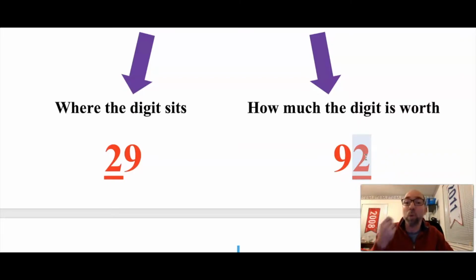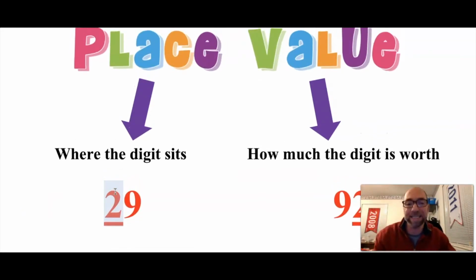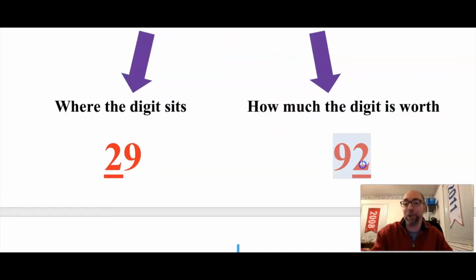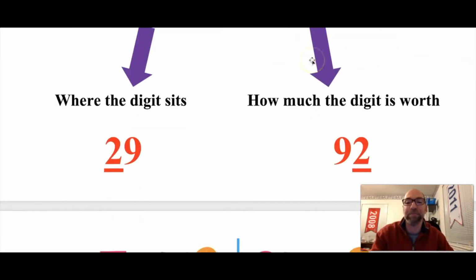It's only worth 2. Here, the number 2 is in the tens place. The value is 20. 29. 92. So where our number sits tells us how much the digit is worth. And we call that place value.